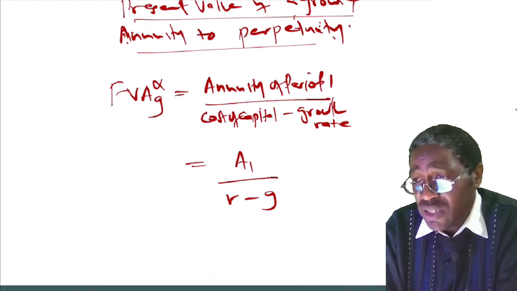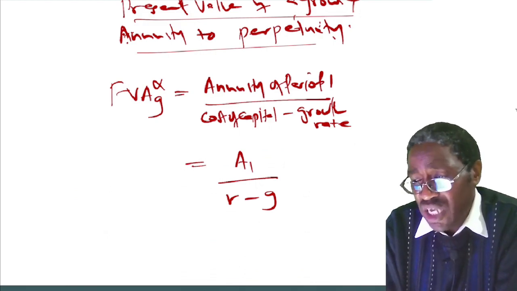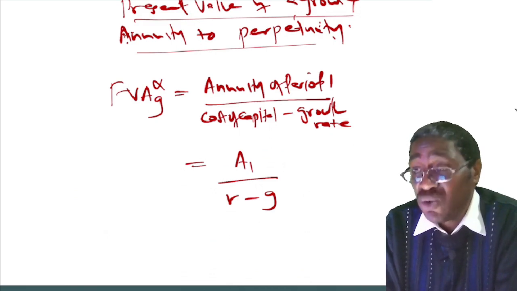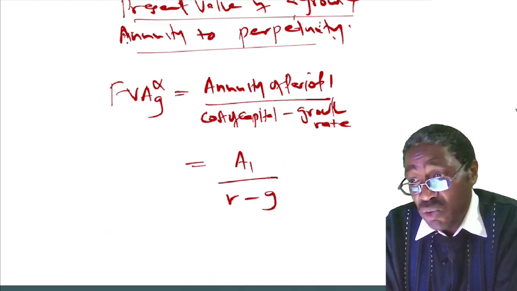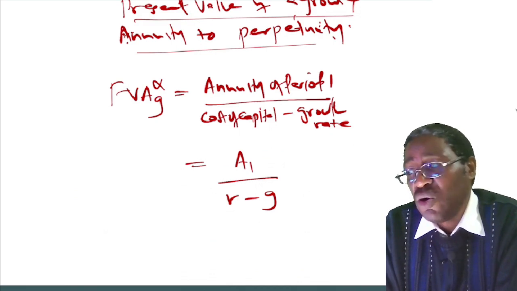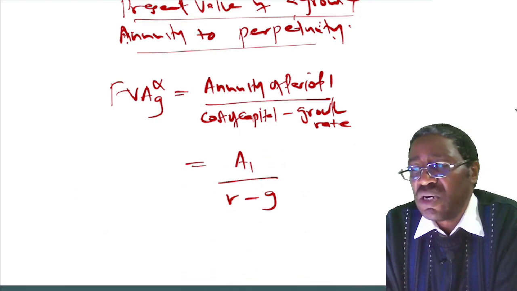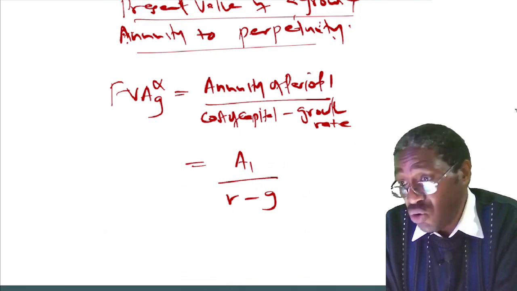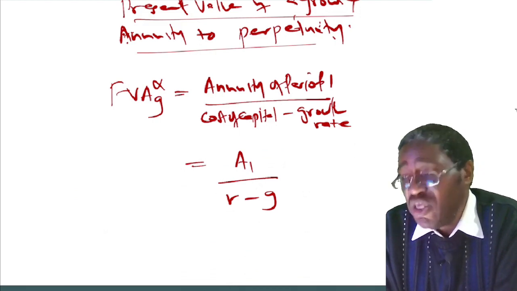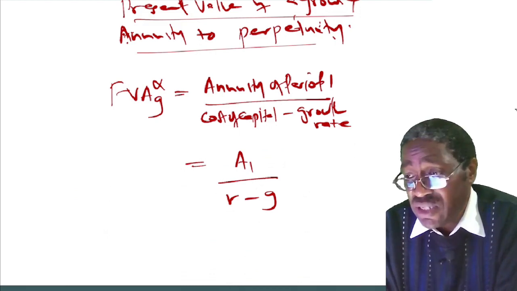The formula is A1, which represents the annuity of period 1. You divide that by R, which is the cost of capital or the interest rate, minus whatever is the growth rate, whatever the question will be giving you as the growth rate.